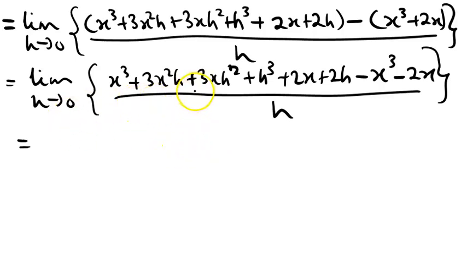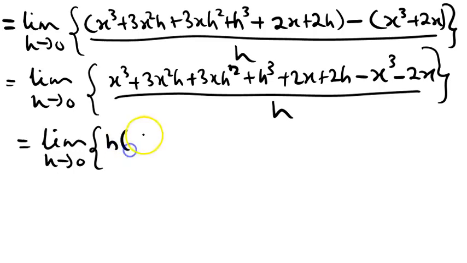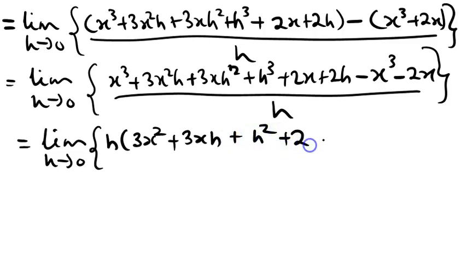Now bringing h out at the numerator, we are going to have h times 3x squared plus 3xh plus h squared plus 2, over h, so that this h will cancel.